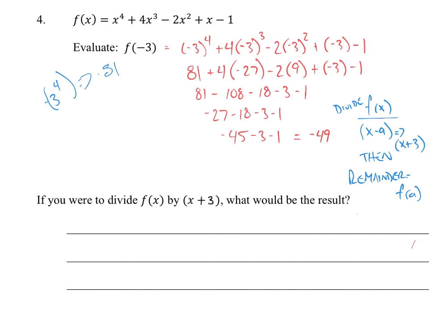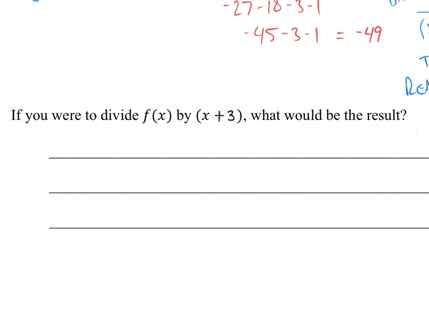Well, f of -3 was -49. So if we did that, we would get a remainder of negative 49.